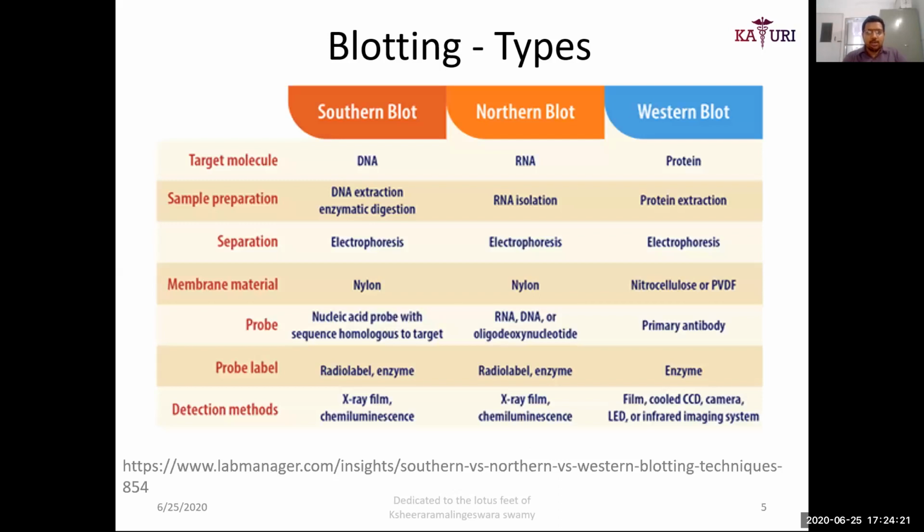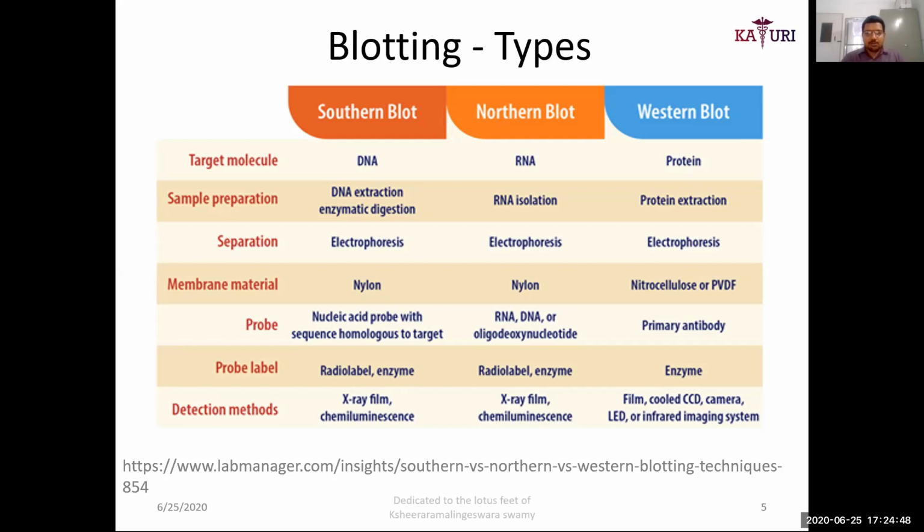So coming to the basic features of the three blotting techniques, I wanted to give it in a nutshell first before I discuss it in detail, because these are the things you have to remember when you are writing an exam. First, the target molecule for Southern, Northern and Western: the target molecule is DNA for Southern, RNA for Northern, and protein for Western. And in sample preparation, you have to see a difference.